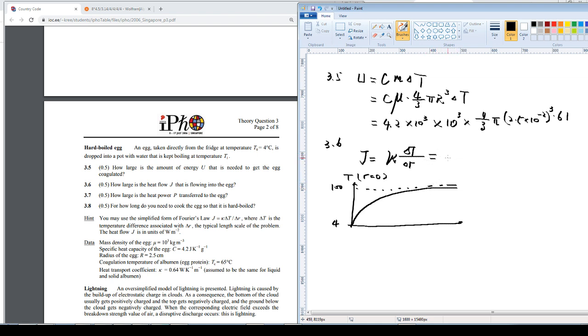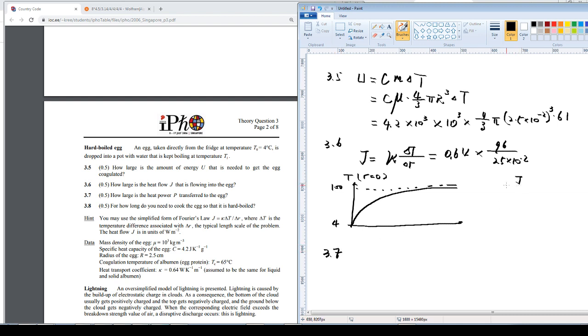So this will allow us to say the heat flow is equal to 0.64 times 96 over 2.5 centimeters. Okay, then we can look at this unit.